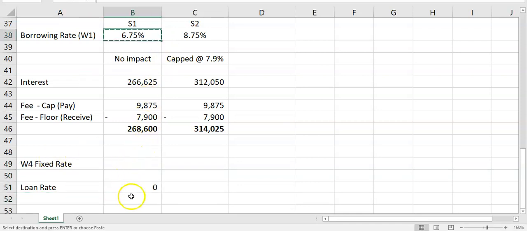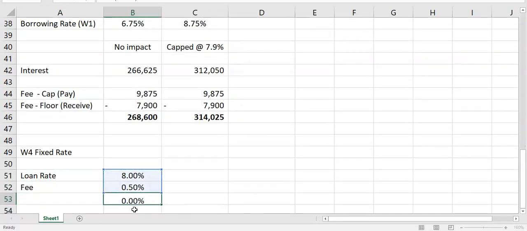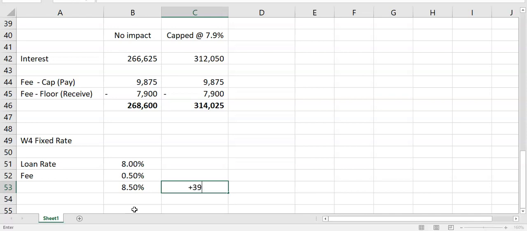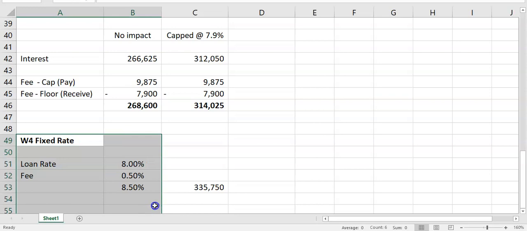And the fee, which is 0.5%. So the total rate there is 8.5%. And if you convert it to money by multiplying by the loan amount, you get 335,750. So that's a relatively straightforward option again.